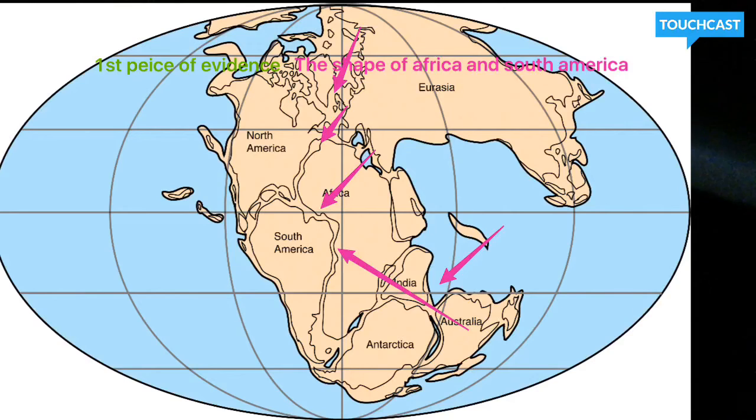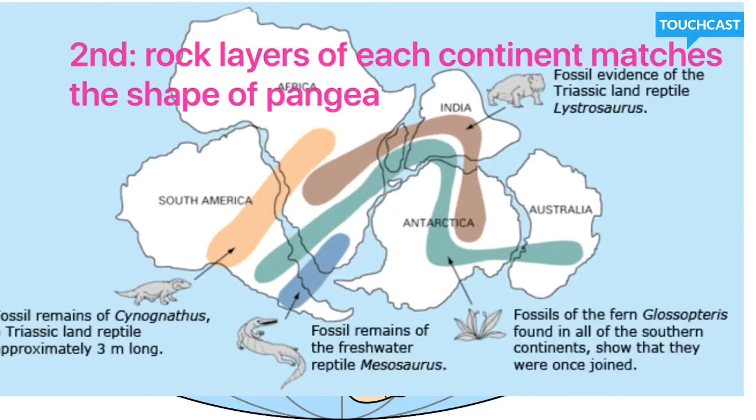Now, the second piece of evidence is basically going to be our rock structure. And we'll go ahead and pull up a different picture for that. Alright, and basically what this means is the rock layers, from let's say like the rocks in this area here, they would match up. So like the rocks off of the east coast of South America would match up with the rocks of the west coast of Africa.